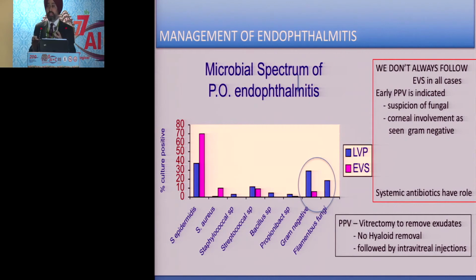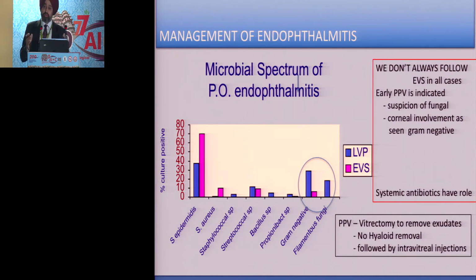PPV has also changed. The EVS said do a core vitrectomy. Nowadays, because the vitrectomy era is different from the 1980s, 30 years down the line, we have much safer machines. So we don't do only a core vitrectomy. We do a surgery with as much debulking of the diseased vitreous as possible, but we don't do hyaloid removal.